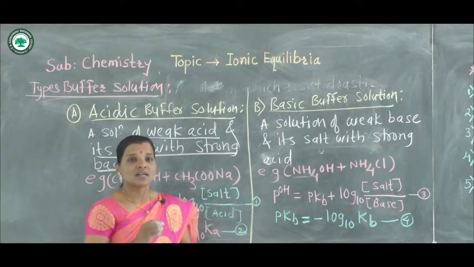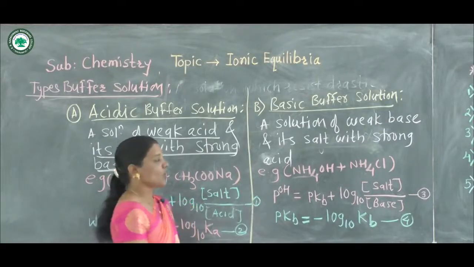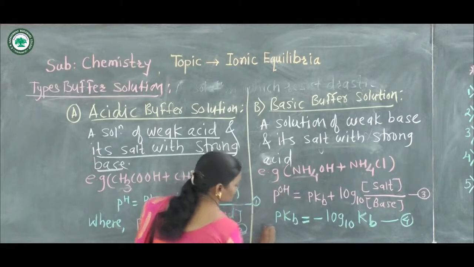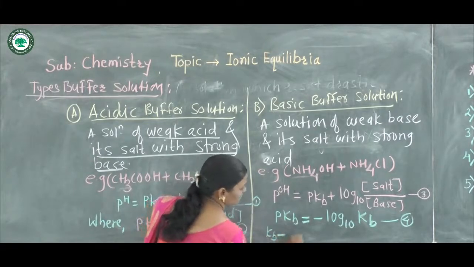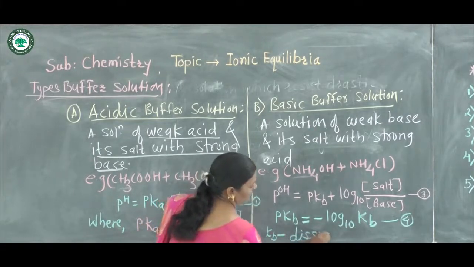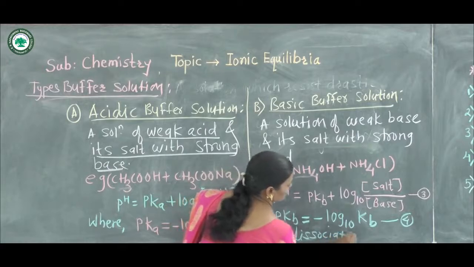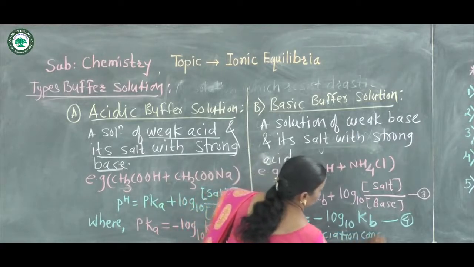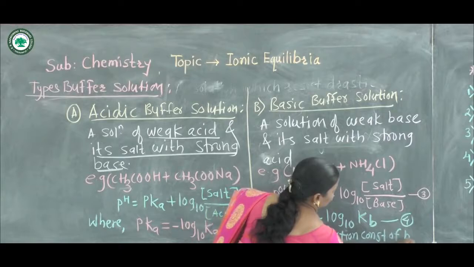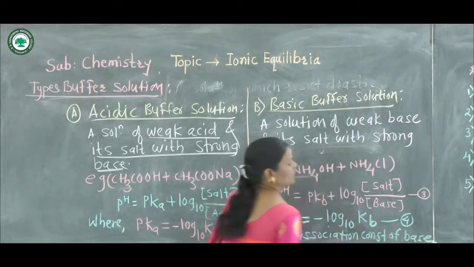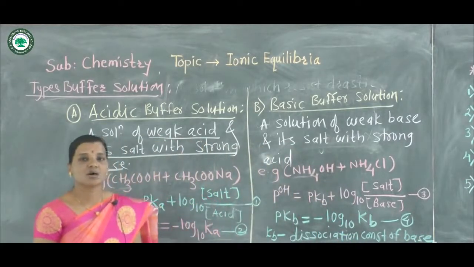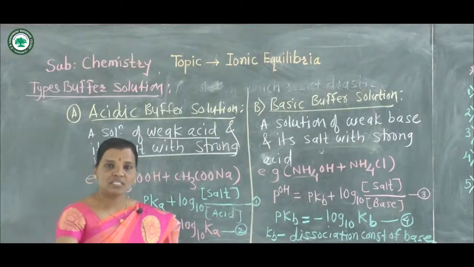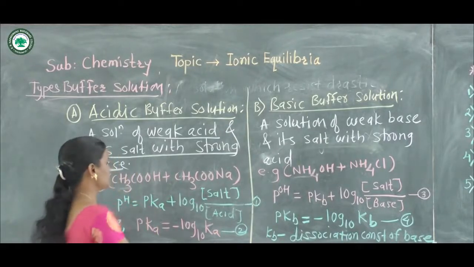Kb is the dissociation constant of weak base.